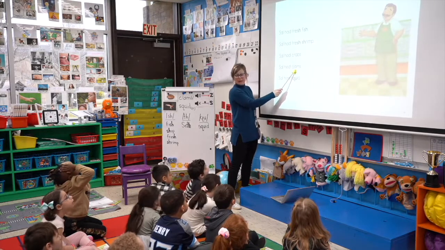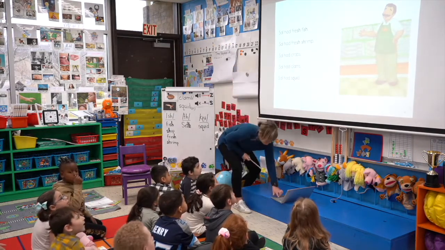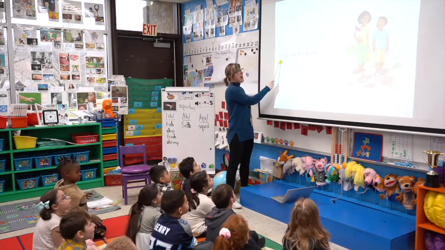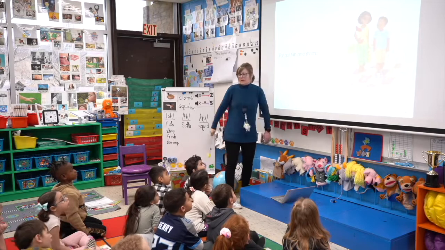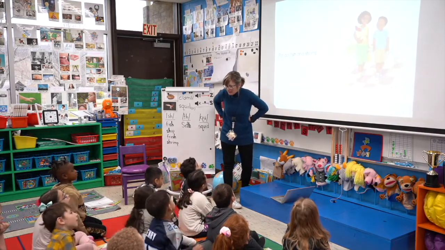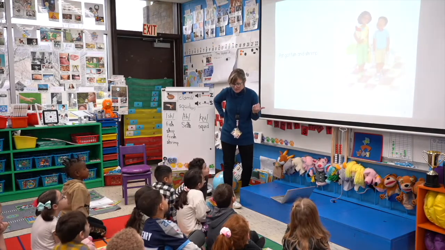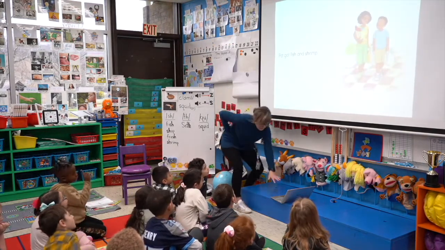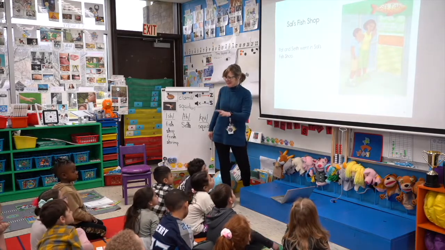Sal had clams. Sal had squid. Pat got fish and shrimp. And in my opinion, that was a good choice. Do you think that I would have gotten near the squid part? No. Probably not.